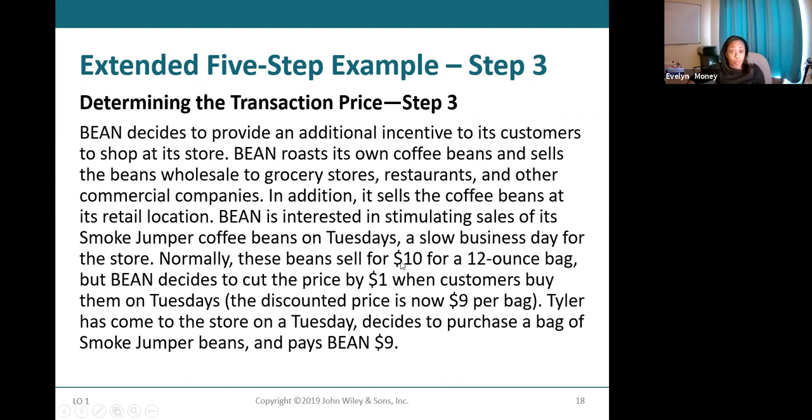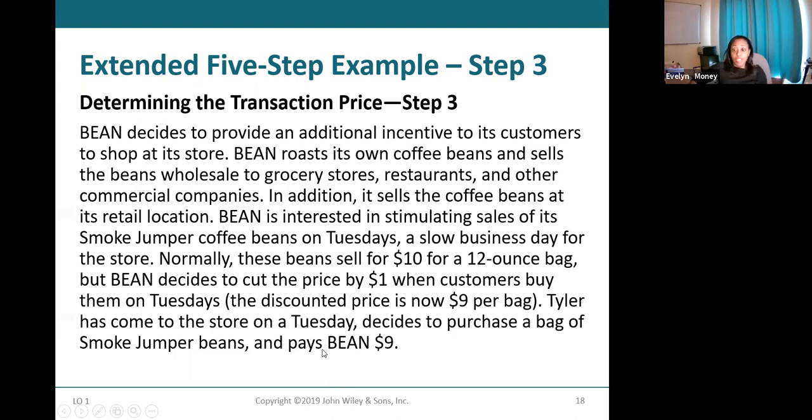So on Tuesdays, because it's a slow business day, they decide that maybe we can increase our sales by offering a 12-ounce bag for $9. Bean usually sells these 12-ounce bags for $10. But if a customer buys it on a Tuesday, they can get it for a discounted price of $9.